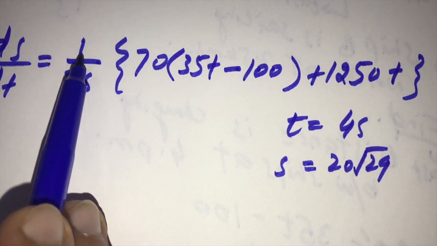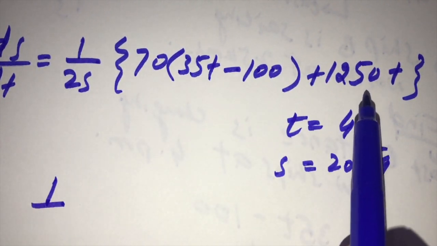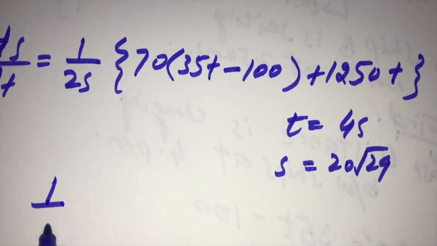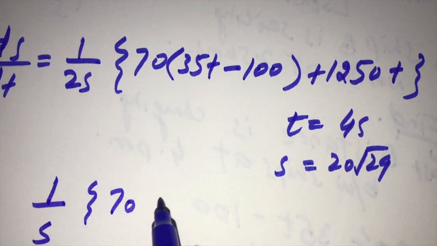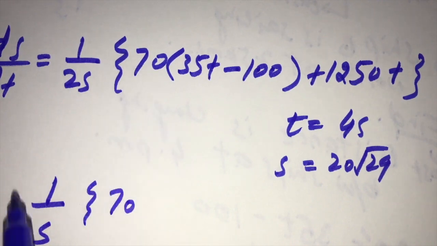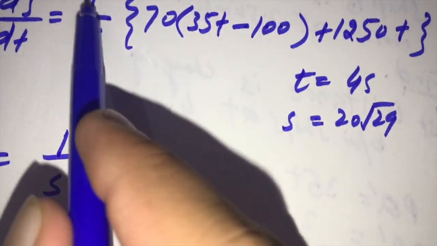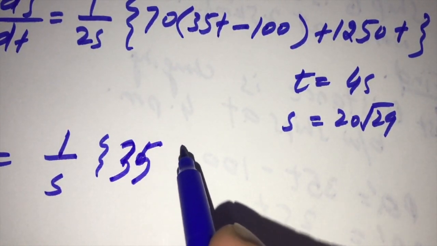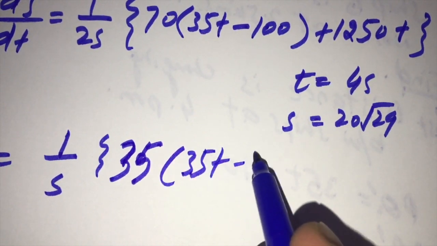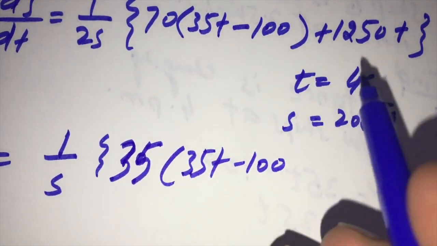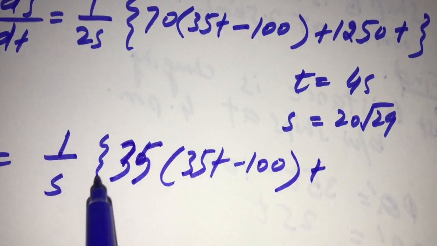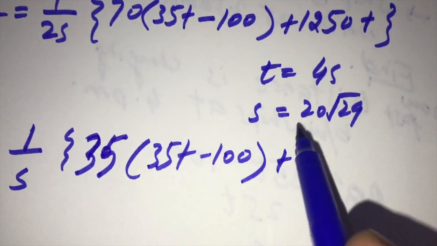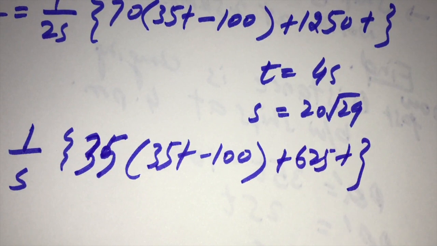When we multiply the 1 over 2 inside the equation, we get 1 over s into [35 into (35t minus 100) plus, when we multiply 1250 by 1 over 2, 625t]. My mistake, the 70 becomes 35.